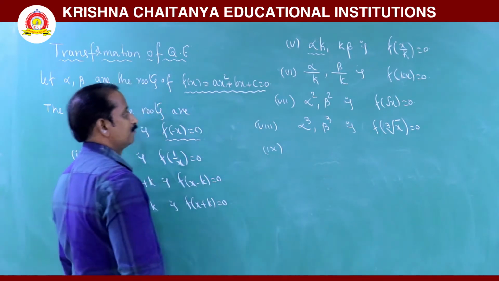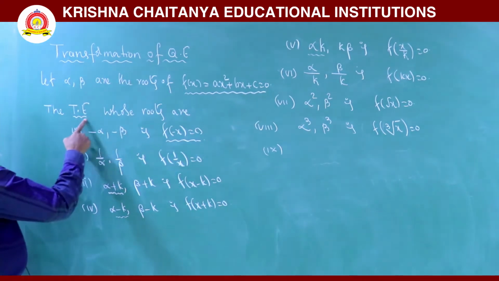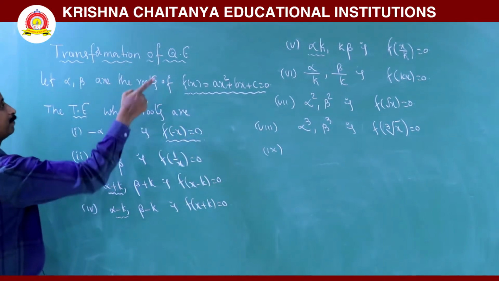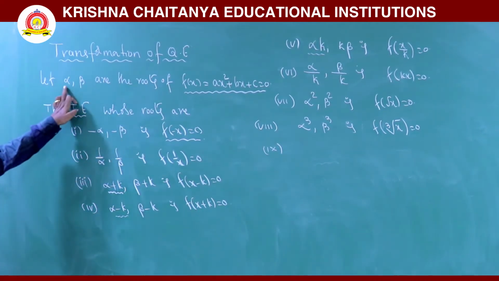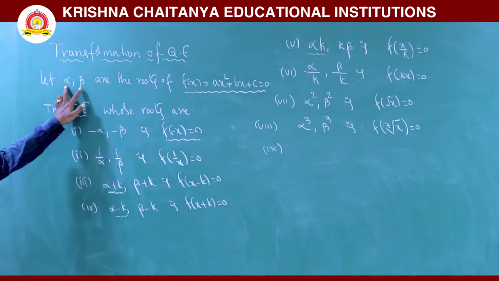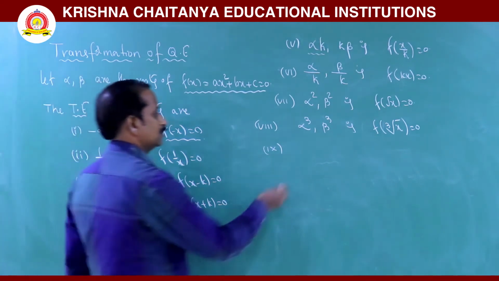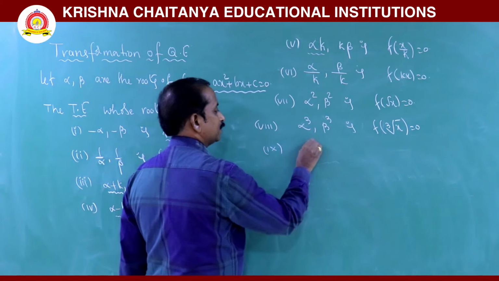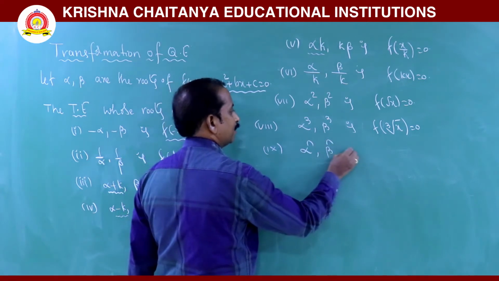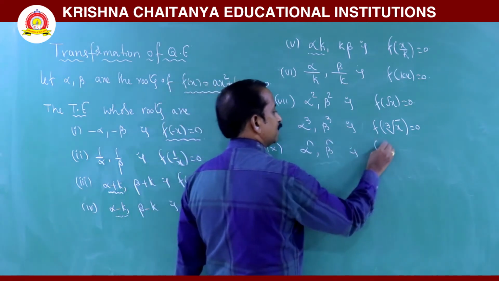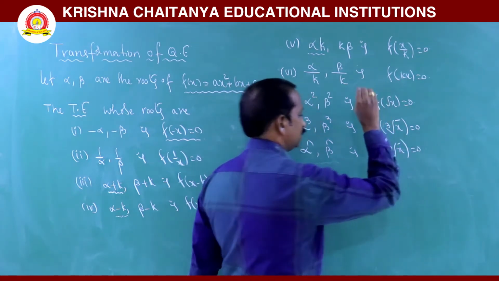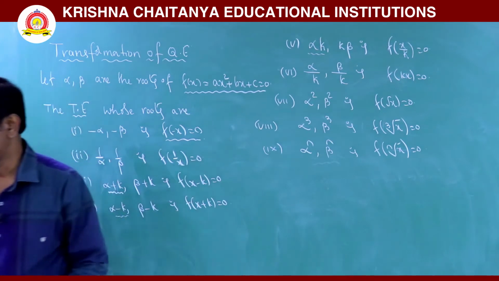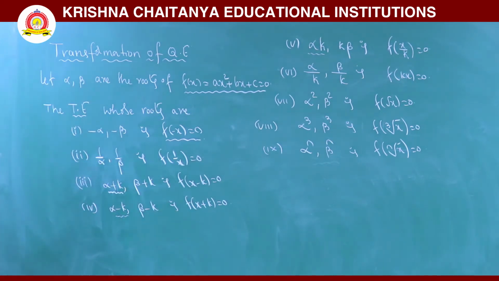The transformed equation whose roots are nth powers of the roots of f of x is equal to 0, that is, roots alpha power n and beta power n. It is nothing but f of nth root of x is equal to 0. This is the concept of transformed equation.